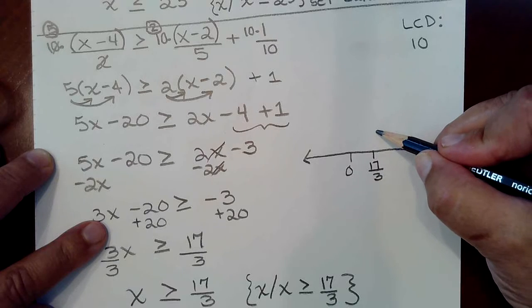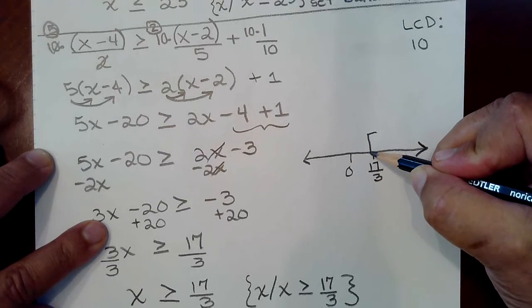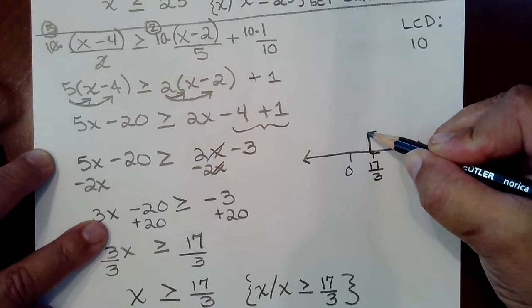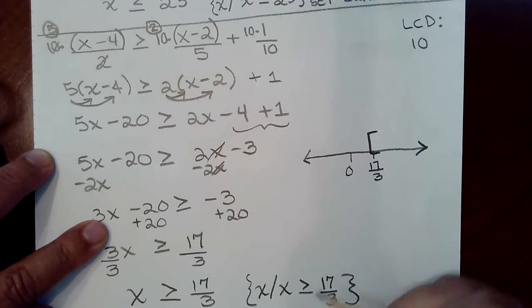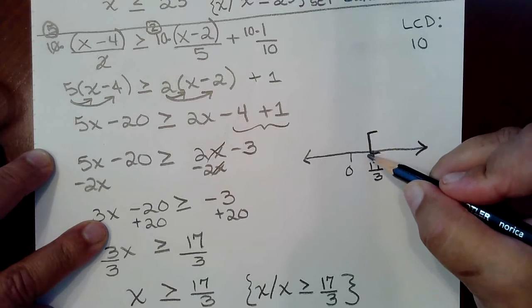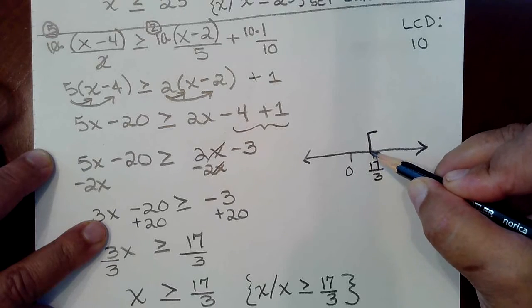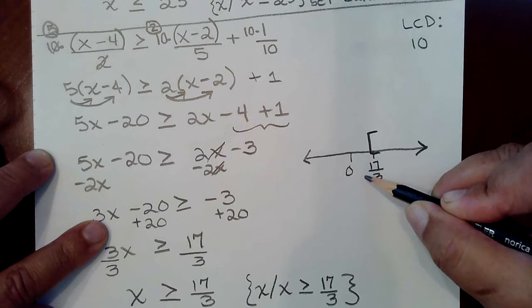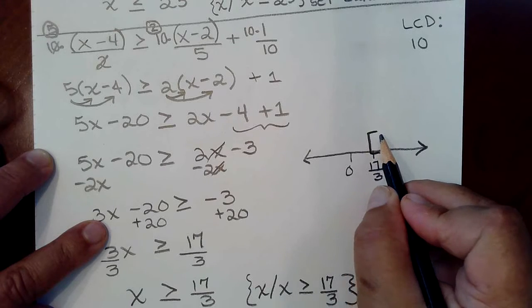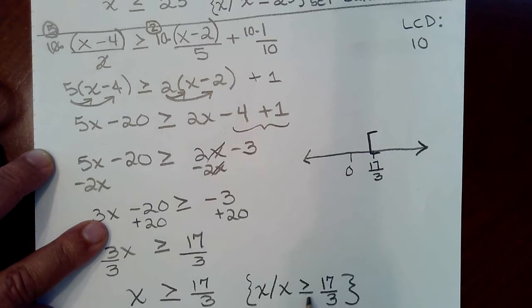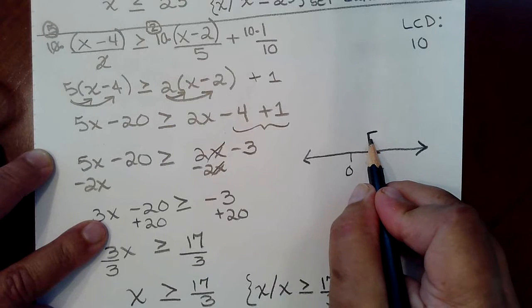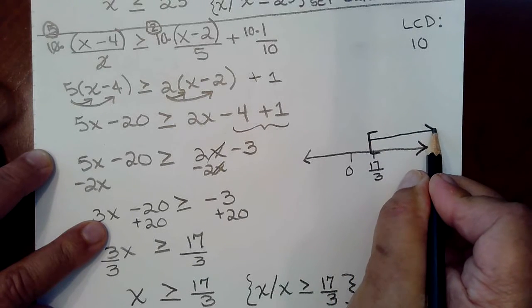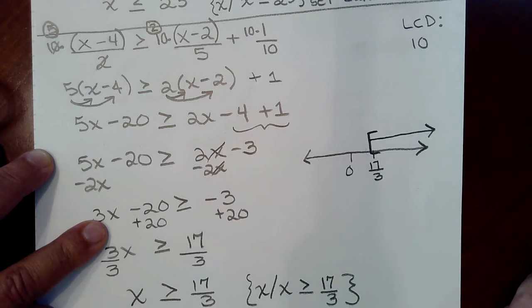As far as whether you're using a bracket or a parenthesis, I'm using a bracket because of the equal sign, meaning that this endpoint that the bracket is positioned on, 17/3, that actual number itself is a solution. If there was no equal sign here, we'd use a nice soft parenthesis.